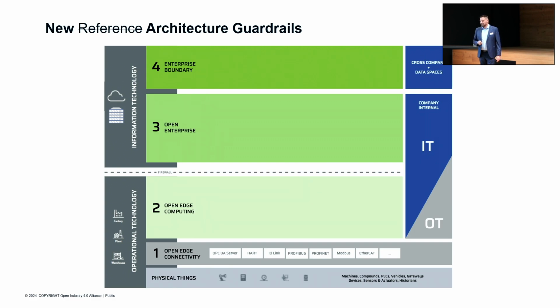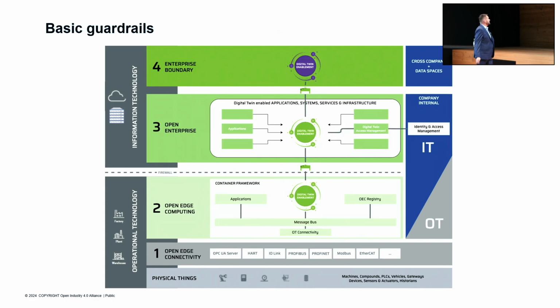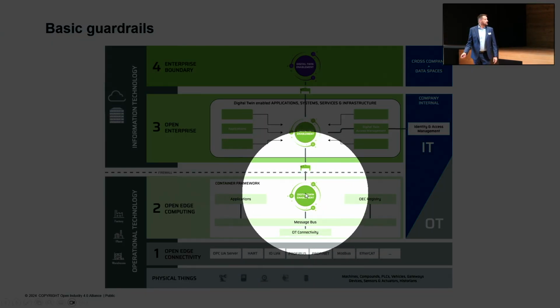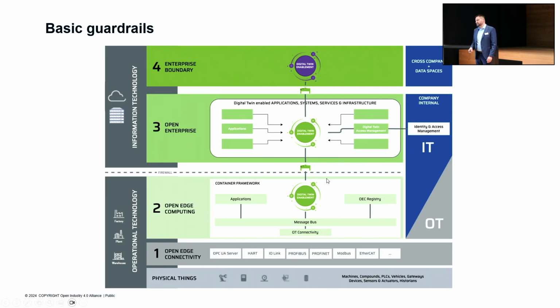So let's start with an example of how a new reference architecture could look like. And here you see some first building blocks, also on the Open Edge Computing layer from the colleagues from the OEC group. And there you can see at least the main point. Why can I not see it here? Yeah, it's this digital twin enablement. Yeah, what does it mean?